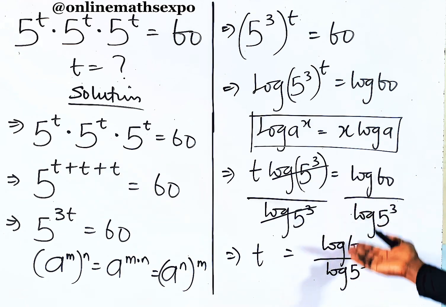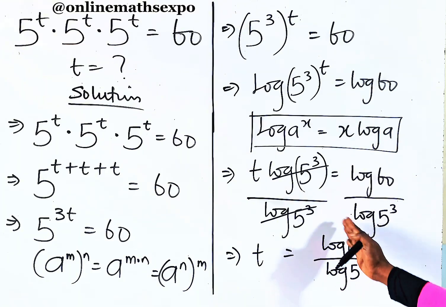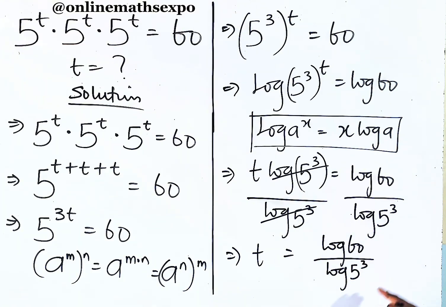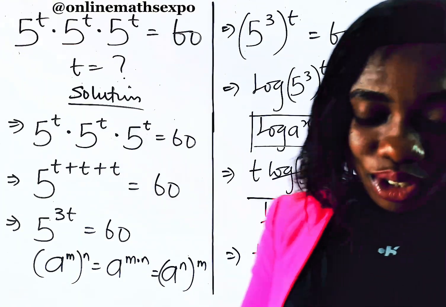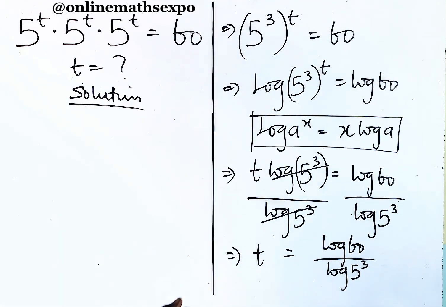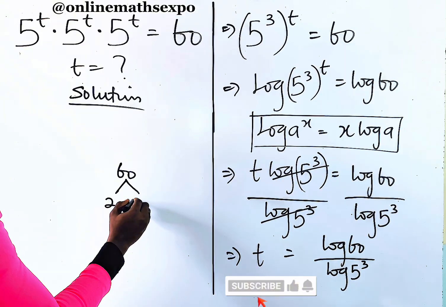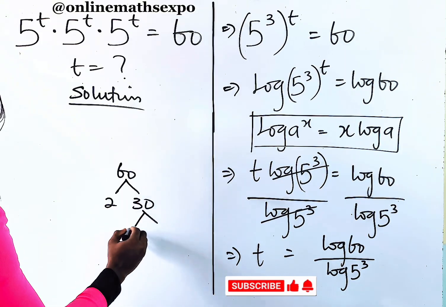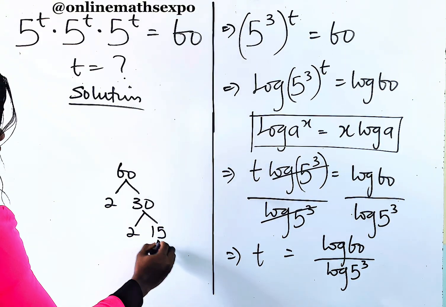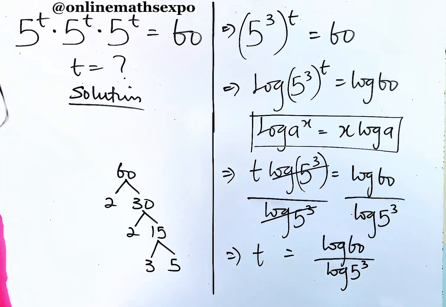Do you intend to leave it at this point? No, it's not yet simplified. Now let's simplify this together. To do that, remember that 60 is the same as 2 multiplied by 30. 30 is 2 multiplied by 15. 15 is 3 multiplied by 5.